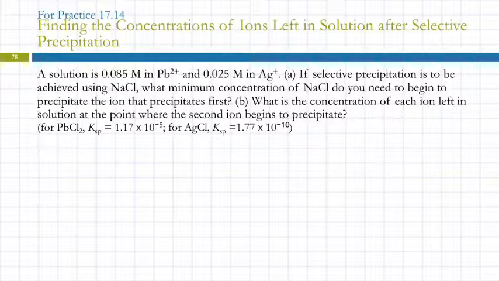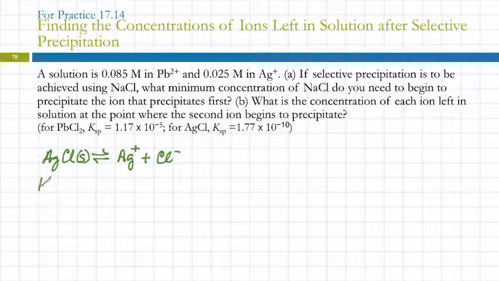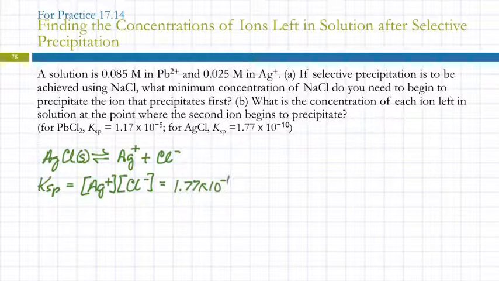So silver chloride, we got silver ions and chloride ions. KSP is the silver ion concentration times the chloride ion concentration, and that is equal to 1.77 times 10 to the minus 10.